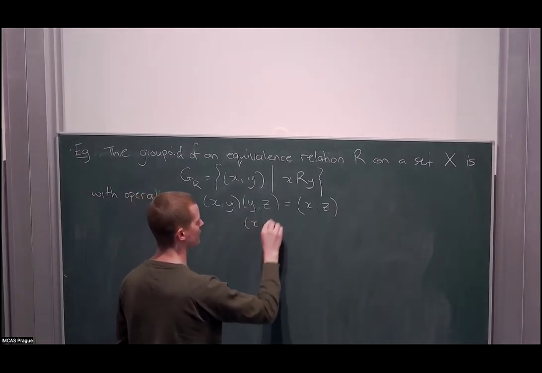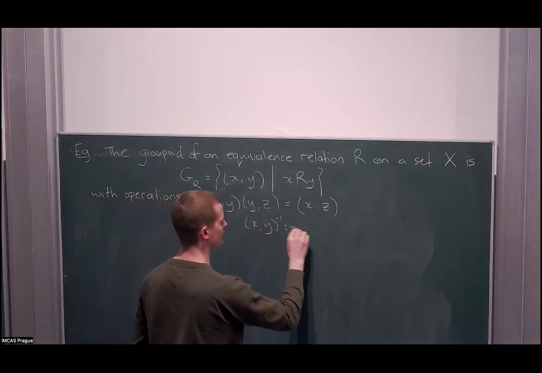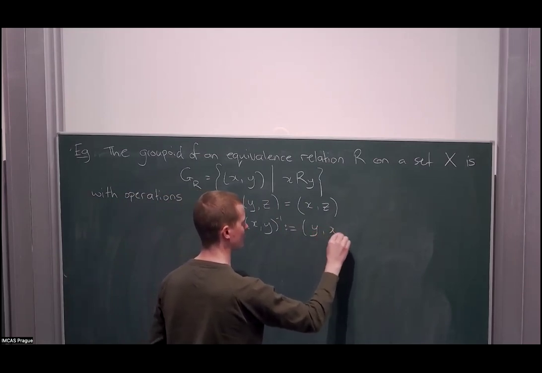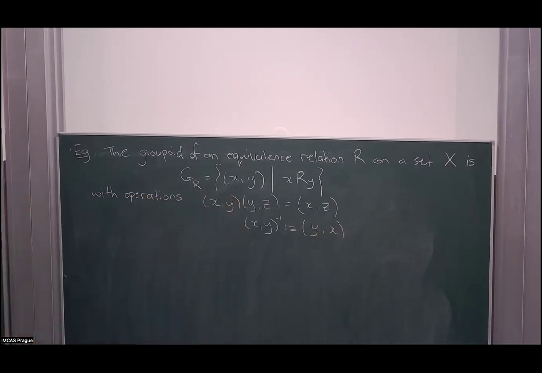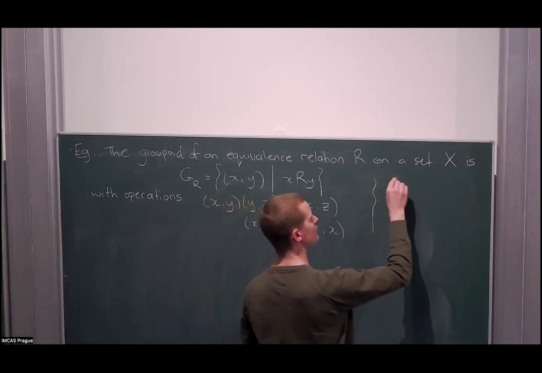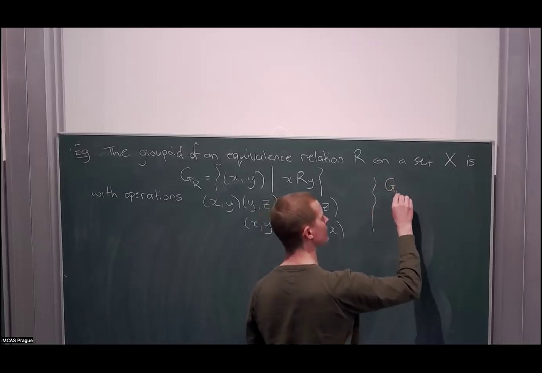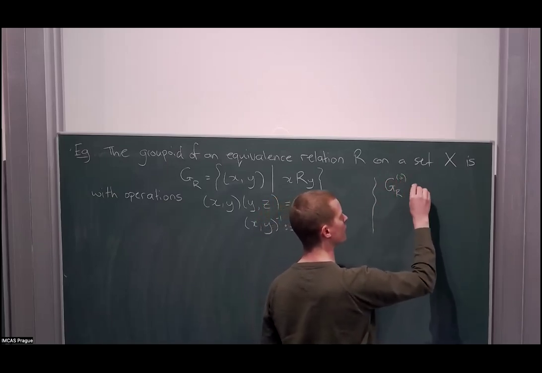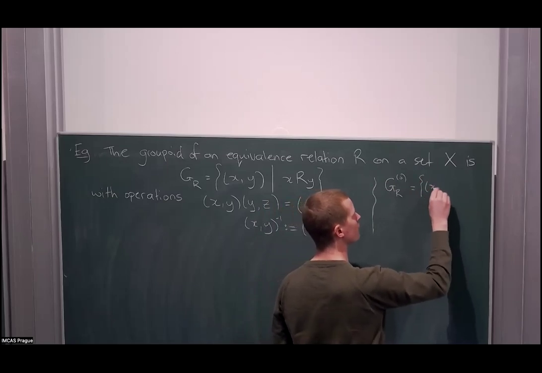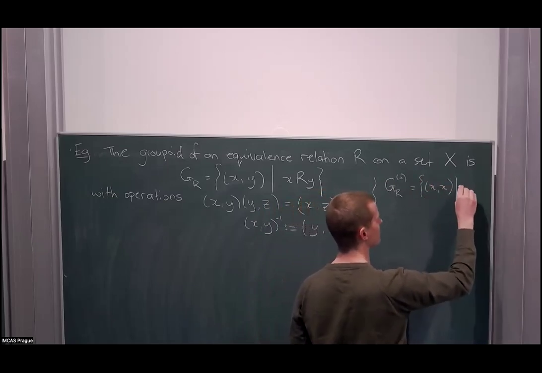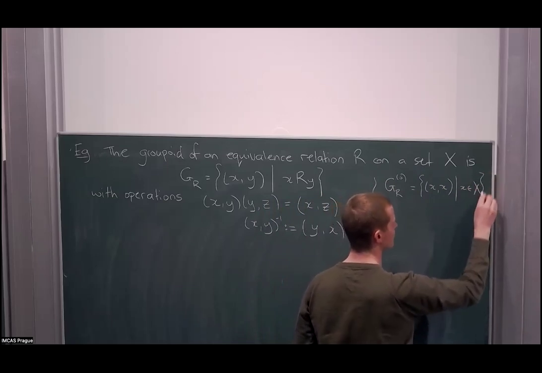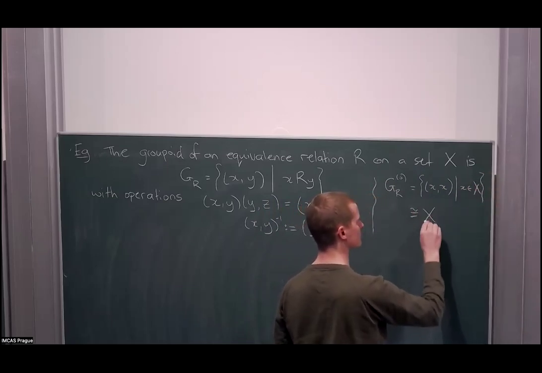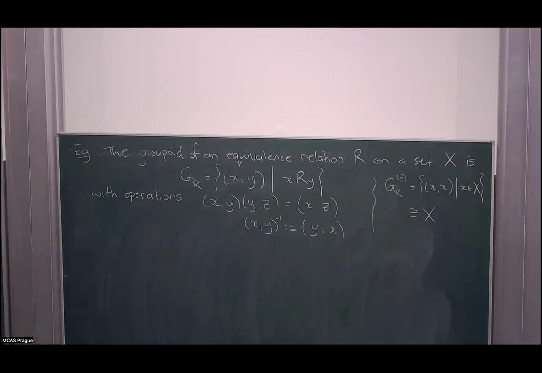And inversion witnesses the symmetry in the equivalence relation. And because equivalence relations are reflexive, I'll get the unit space G_R^0 is all of the pairs (x, x) for x in X, which identifies with the set on which I have an equivalence relation again, X.